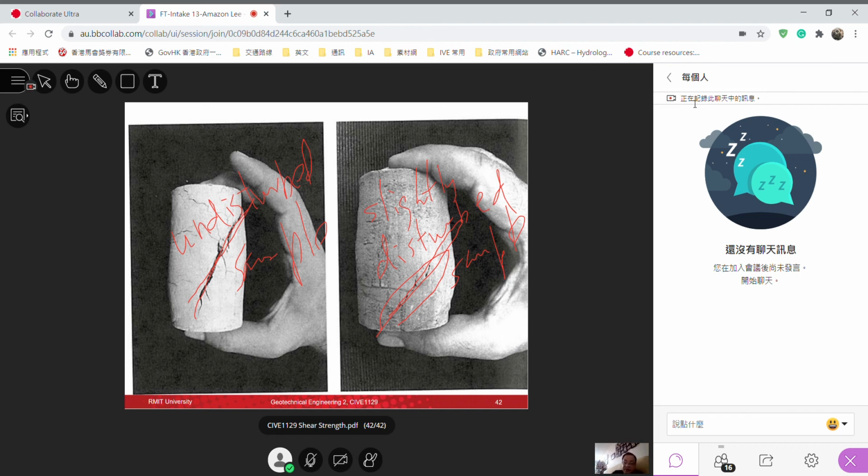So it just indicates to you that disturbance due to sampling has a significant effect on your result. But as a geotechnical engineer, we want to take a sample as close as possible to the in situ condition we find in the ground. Okay, otherwise our result will not be accurate.